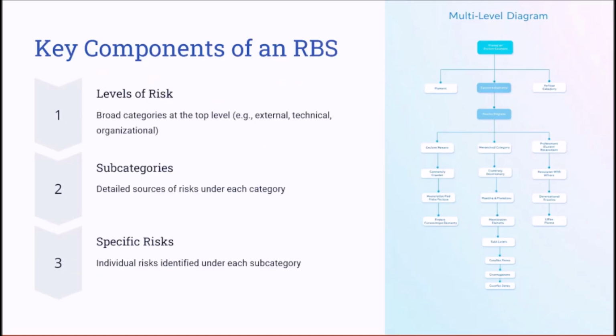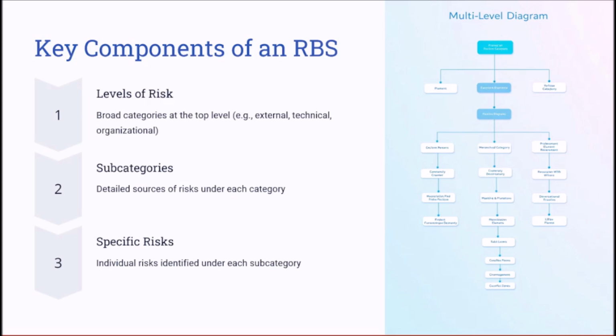Let's now have a look at the key components of an RBS. An RBS is typically organized into three levels. At the top level, it contains the broad categories like external risks, technical risks, or organizational risks. These categories represent the primary areas of risk for the project. Under each category, subcategories provide further detail.